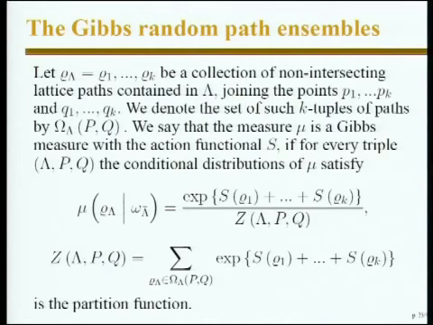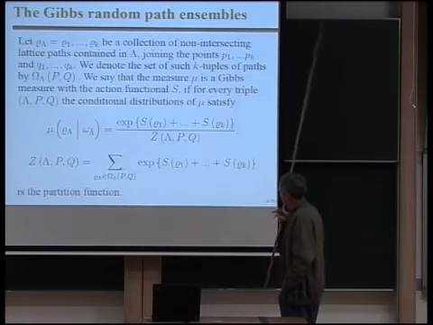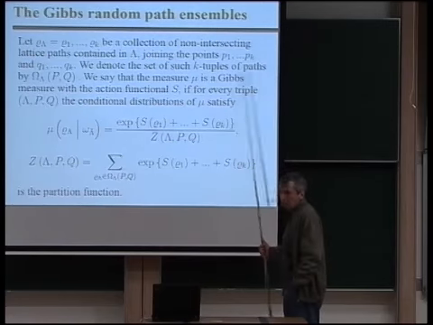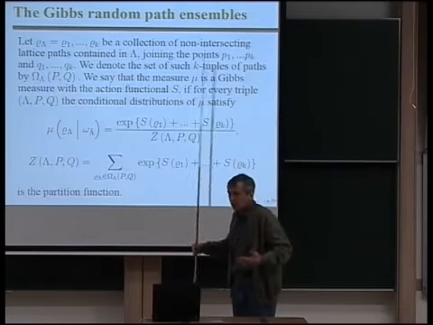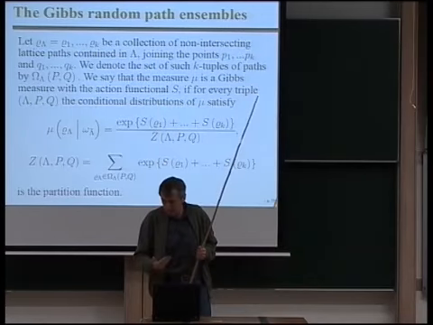And I consider all the paths inside this box lambda which are connecting this set P and the set Q. And for every path in that family, I compute the action, and I add those actions. And this is my weight of the configuration of the paths. And then I just normalize, and this is the Gibbs distribution that I am interested in.